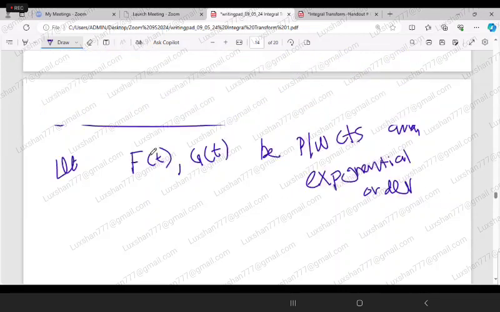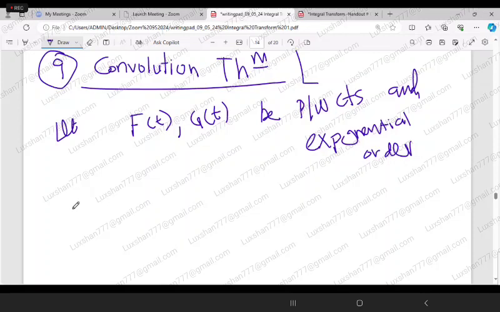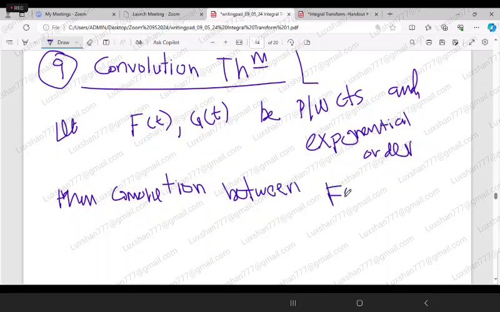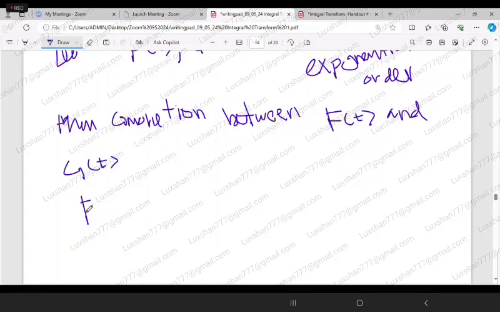Then the convolution between f(t) and g(t) is defined this way: f(t) star g(t). This is the notation for convolution.